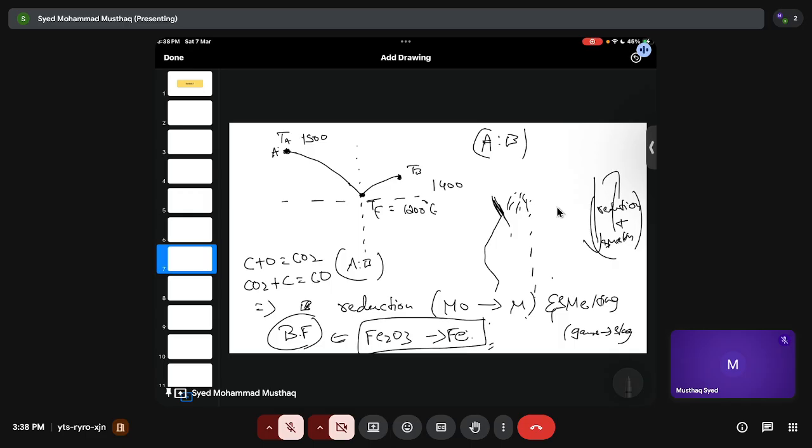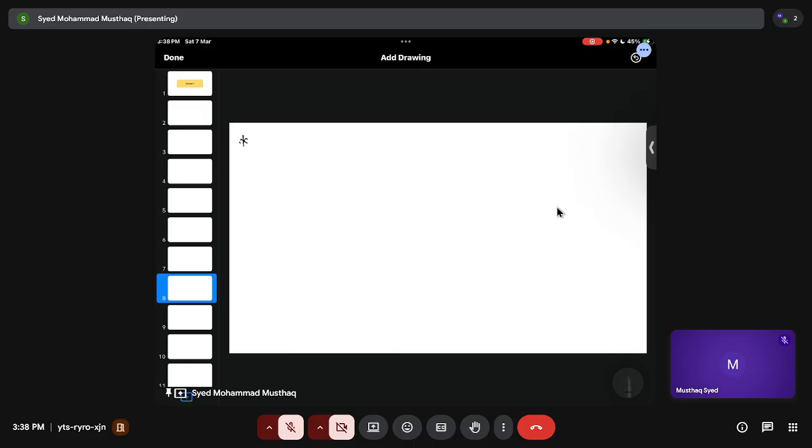And you can use some metals also to reduce iron oxide. The best example is the thermite process, used in railways. You take iron oxide powder, mix it with aluminum, and ignite. Once you ignite, aluminum will just take out the oxygen, form Al2O3, and give you pure iron.